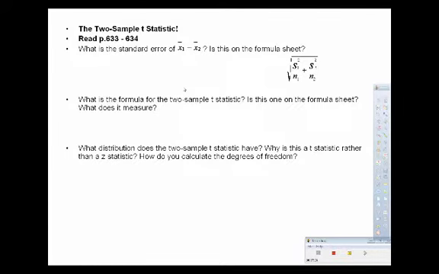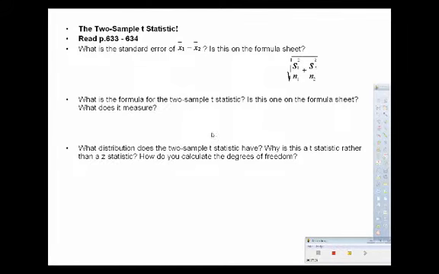And is this on the formula sheet? The formula for the standard deviation of the sampling distribution of x bar 1 minus x bar 2 is included on the formula sheet. However, the formula for standard error is not included on the formula sheet. So just know that.